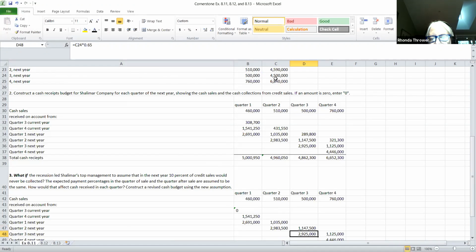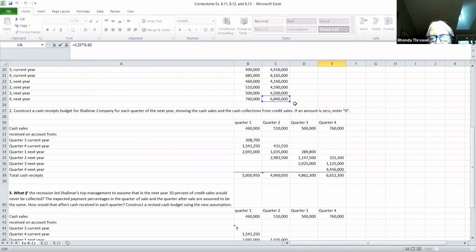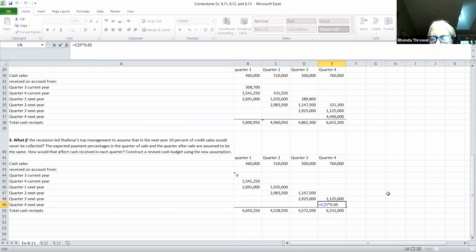So 65% of 4,500,000 is this amount right here. And then 25% of the 4,500,000 would go here. And in the last quarter, you collected 65% of the credit sales. So this times 65% is how they got the 4,446,000. Then you simply add them together.